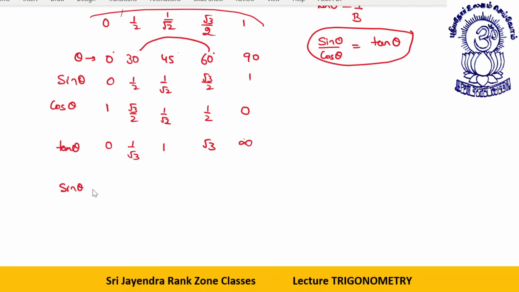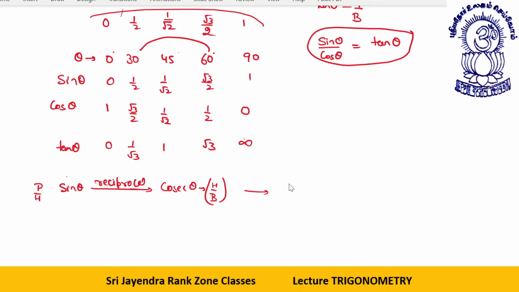Its reciprocal is, the reciprocal of sine theta is cosec theta. Sine theta is what? Sine theta is P by H. So this cosec theta will be what? H by P. Reciprocal of sine theta is cosec theta.